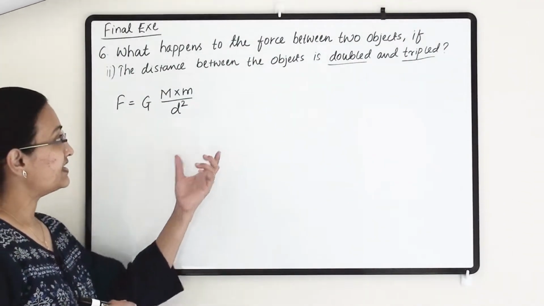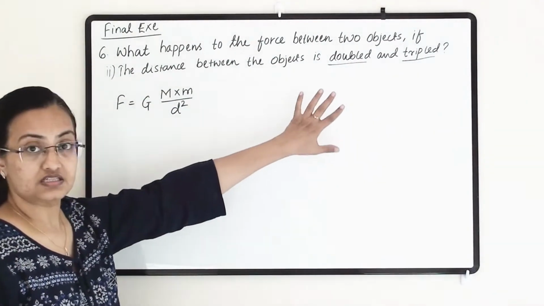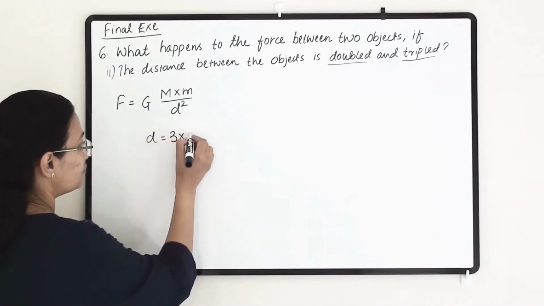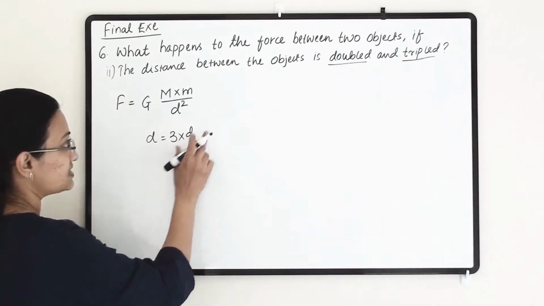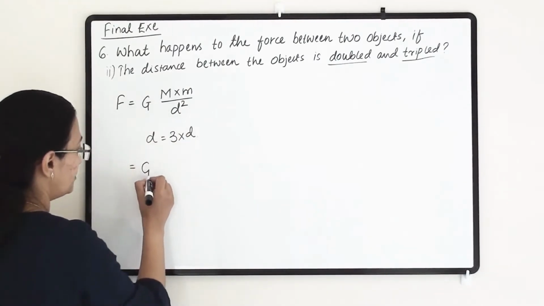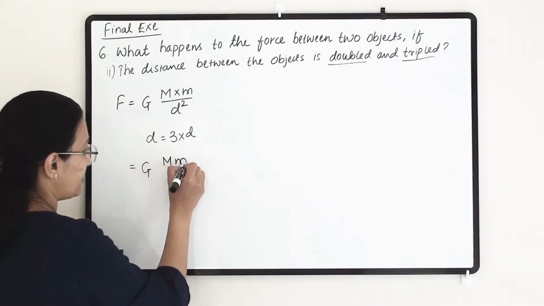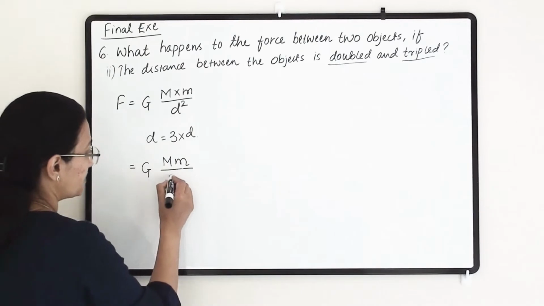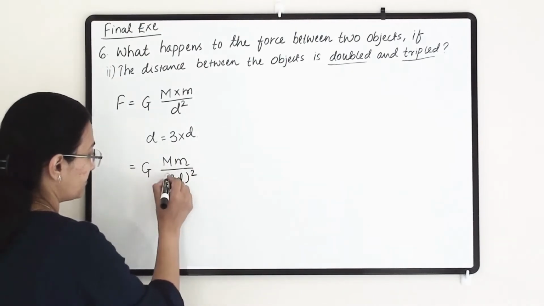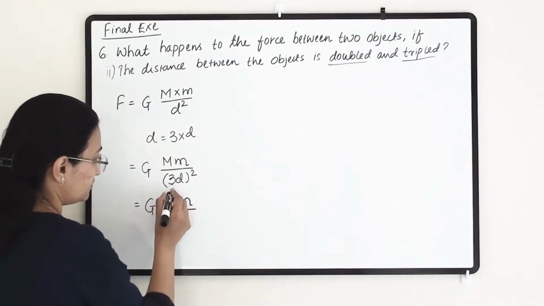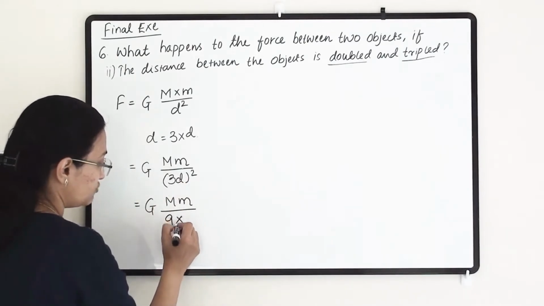Now in the second case we are making this distance triple. So D equals to, we are taking 3 into D because we are making the distance triple. So now let us put this value into this equation. We will get G capital M small m, and instead of D we are taking 3D. So 3D square. So we will get here 3 square is 9 into D square.